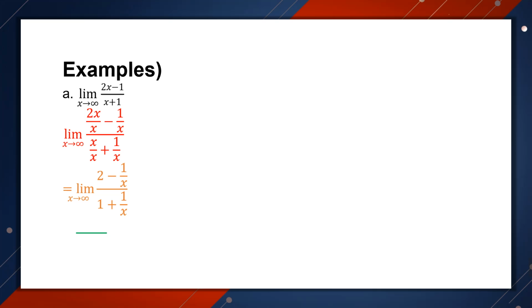Then we get the limit of (2 - 1/x) over (1 + 1/x) when x approaches infinity. We know that 1 over x when x approaches infinity is 0, and thus the final result is (2 - 0) over (1 + 0). The result is 2.